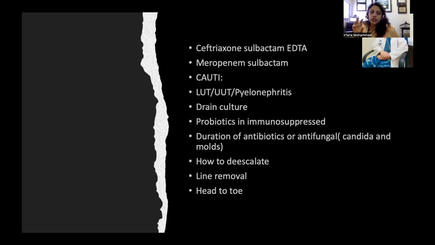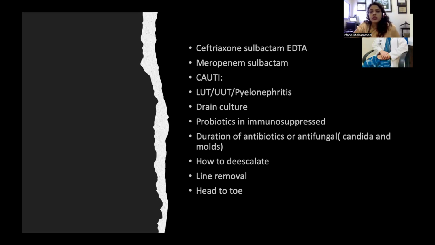If there is infection in the kidney, then you have to decide whether there is any pus collection, whether it is drainable, or whether it is emphysematous pyelonephritis, where there is gas formation, which can be due to anaerobes or Klebsiella or E. coli.